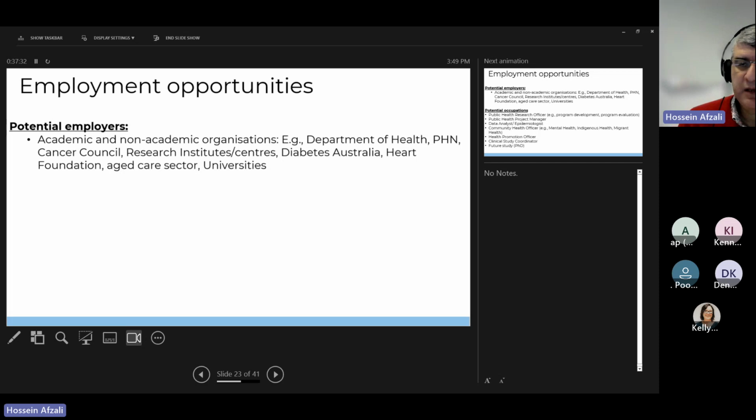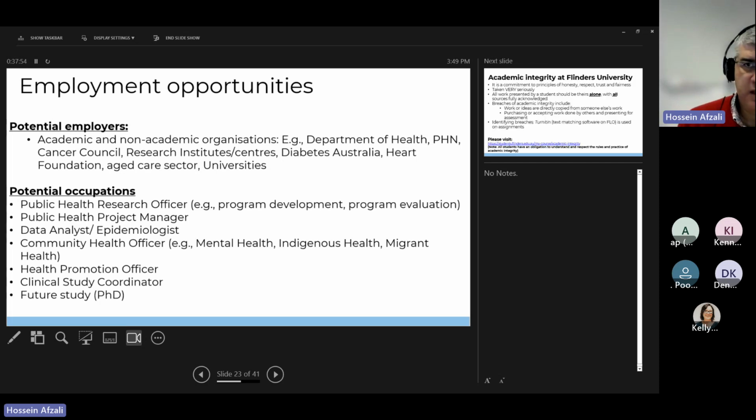But here in Australia, we have Department of Health, Primary Health Network, community organizations, public health community organizations like Cancer Council, or even research institutes and centers, and the aged care sector. These are just important examples. The list is more than this.